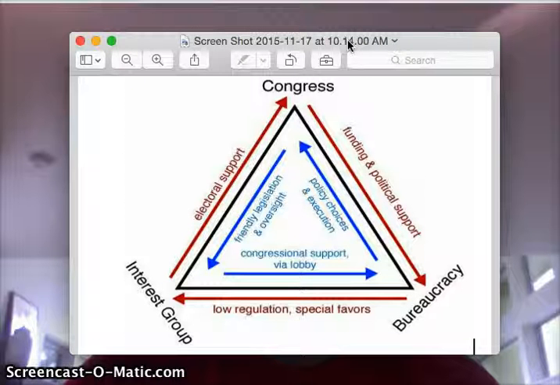Think about the NRA, sending out flyers to their members for who to vote for in every election. They're also sending money to Congress in order to make sure that they're funding those congressmen and getting them elected. So electoral support could be money or grassroots organizing or getting people out to vote.